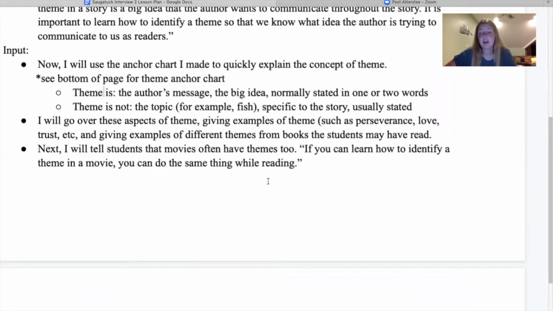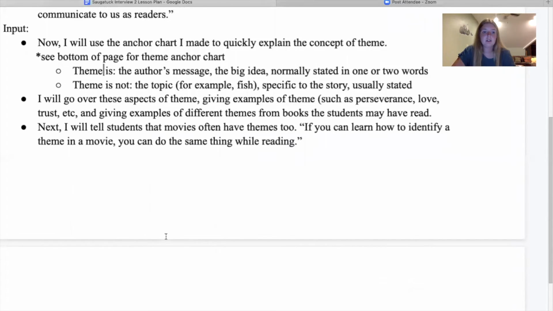Or in the Harry Potter series, one of the themes is good versus evil because the main character is fighting against evil throughout the whole series. I would give a few examples like that so that students could relate to their own experience and their own reading and understand how theme could be a part of that.